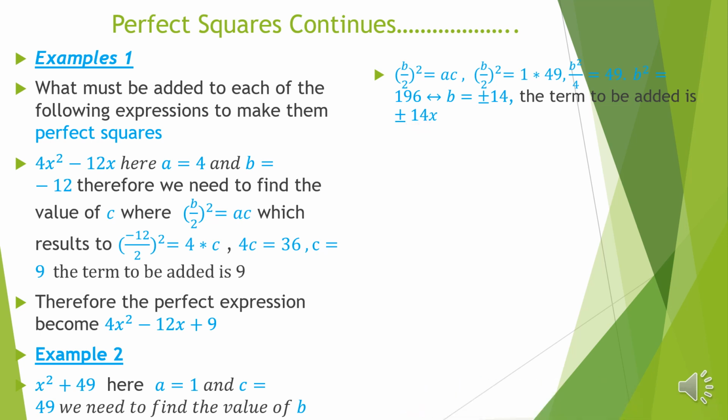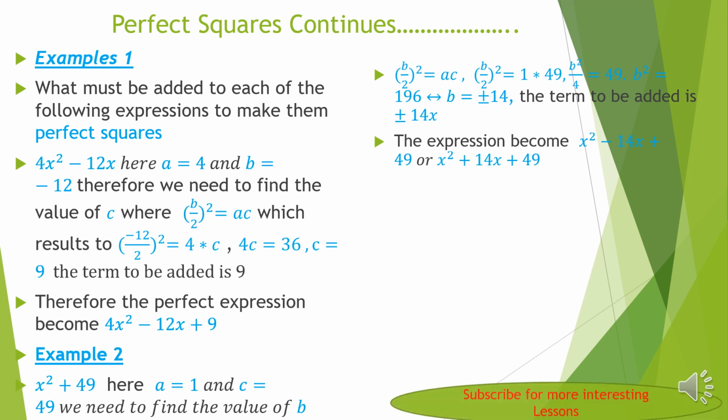Remember, the term to be added should move with its variable. If we are adding part B, then we have to indicate the variable, that is x, or whichever variable the question is giving.